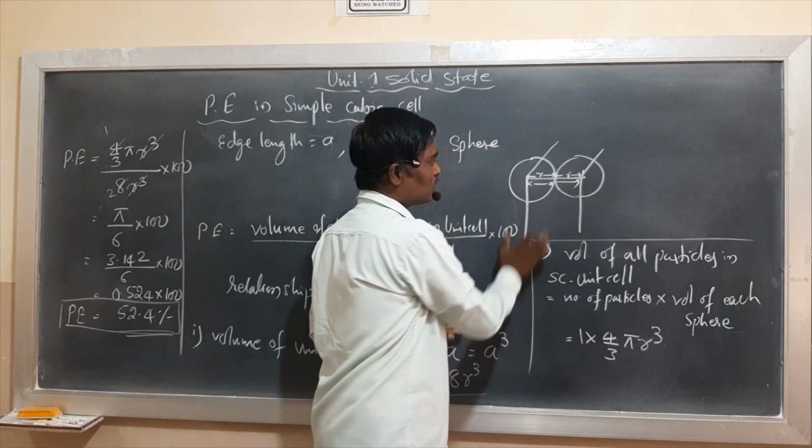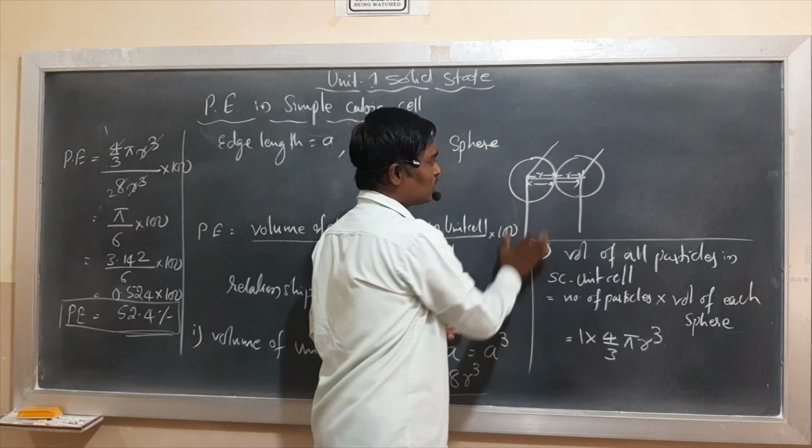Here the edge length we already considered as A, these are the edge lengths, and the radius of the sphere we defined as R. So this is the radius of the first sphere, R, and this is the diameter of the second sphere, 2R, and this is the radius of the third sphere, R.